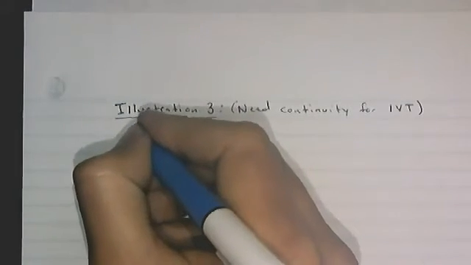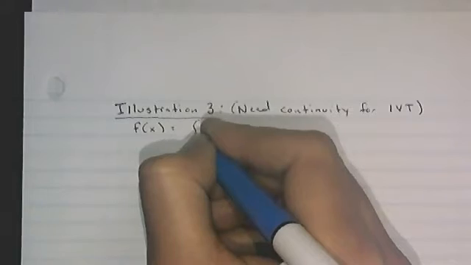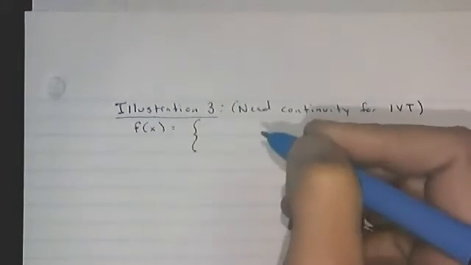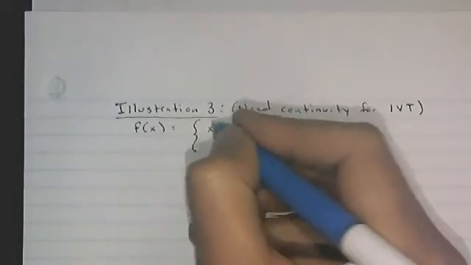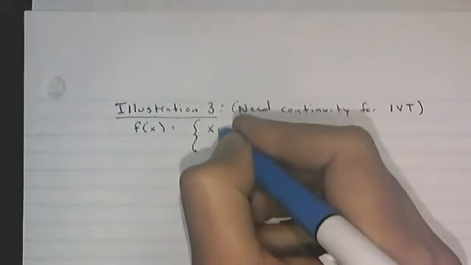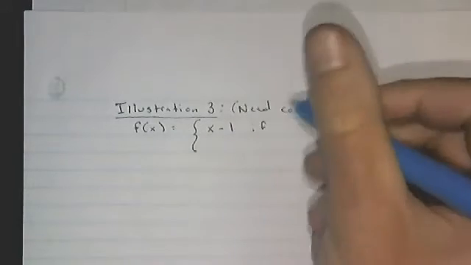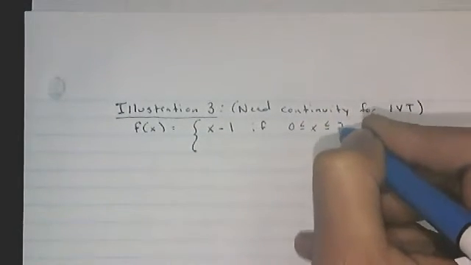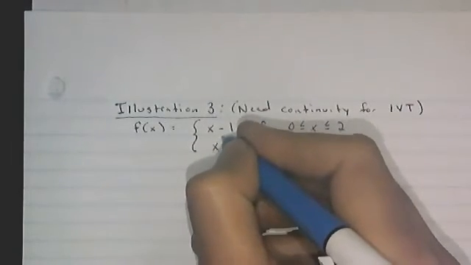We're going to have a piecewise function called f defined on the closed interval from 0 to 3. Its pieces are that x minus 1 is our rule if we're between 0 and 2, and then from 2 to 3, we are the quadratic.